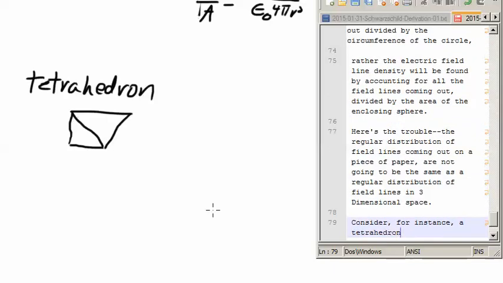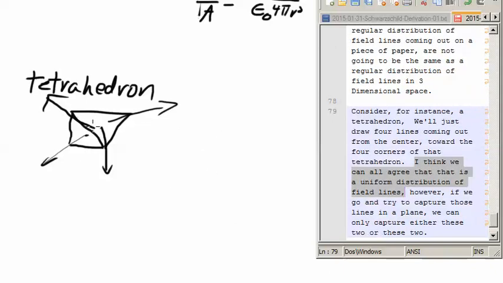Consider, for instance, a tetrahedron. Let's say we have, from the center, lines radiating outward in 4 directions towards the 4 corners of that tetrahedron. I think we can all agree that that is a uniform distribution of field lines.